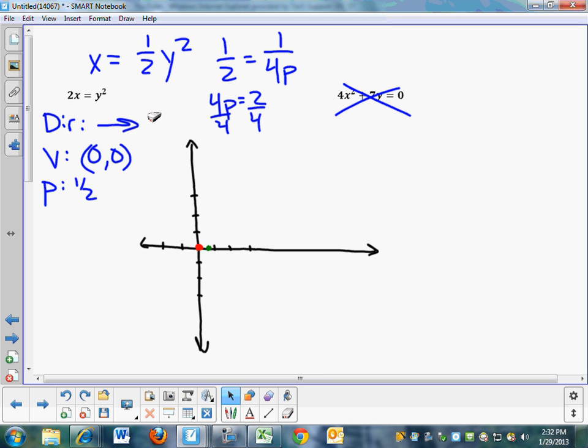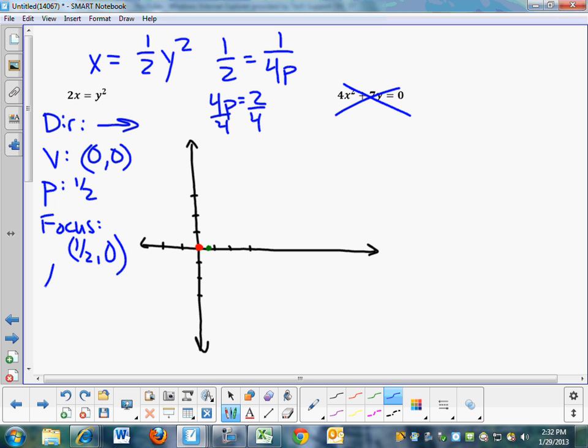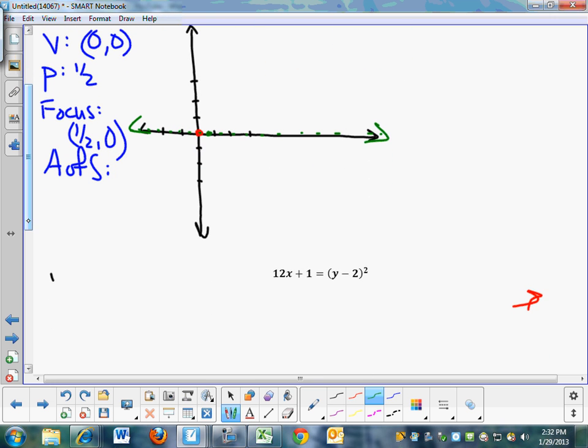So what's the focus point? 1/2, 0. Axis of symmetry divides it all in half, right? What's the equation for the axis of symmetry? X equals 0. Whoops, y equals 0. Sorry.